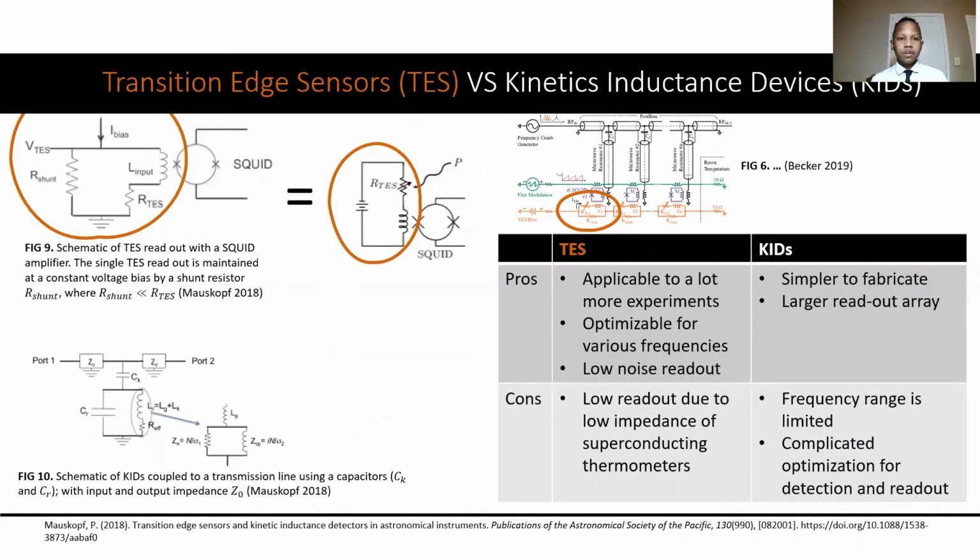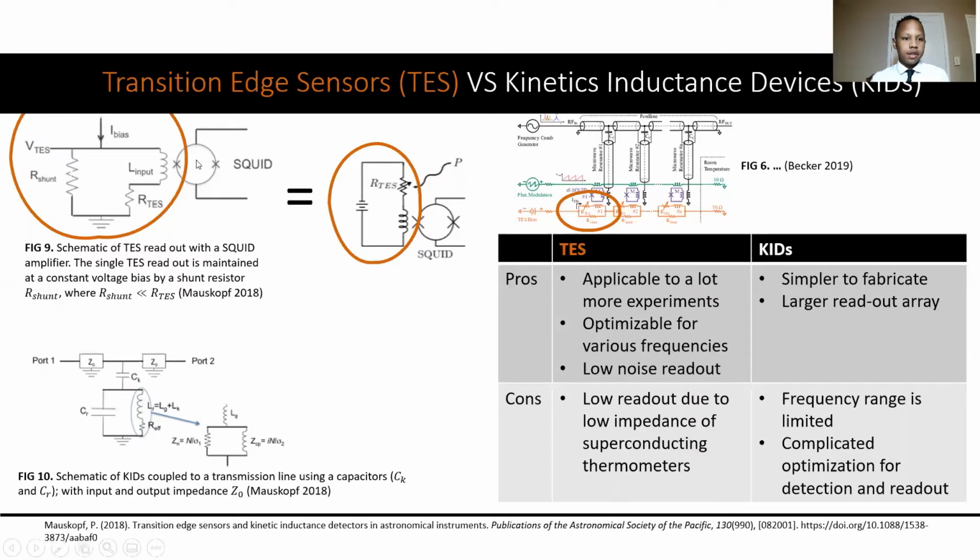So there are two types of sensors. There's a transition edge sensor and kinetic inductive sensors, just as there are two different types of SQUIDs, both being applied in various technologies right now. And specifically, the MUMOX uses the TES in a sensor process.